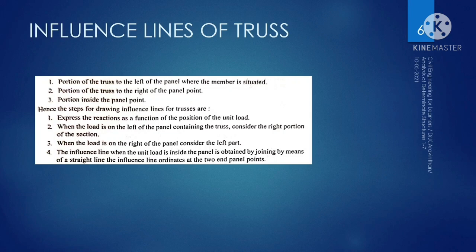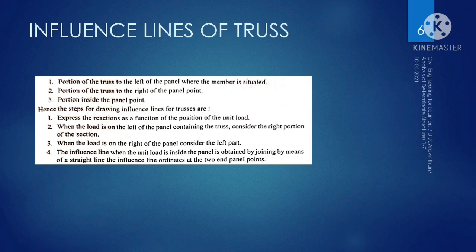For analyzing the truss by using influence lines, these are the steps for drawing the influence line for a truss. First, we have to express the reaction as a function of the position of the unit load.